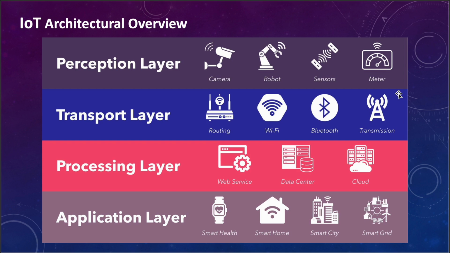So, if you learn about data centers, if you learn about cloud technology, if you learn about IT service management, as well as security, backup, data storage, data management, data mining, data analytics, all these things happen in the processing layer, all of those things.